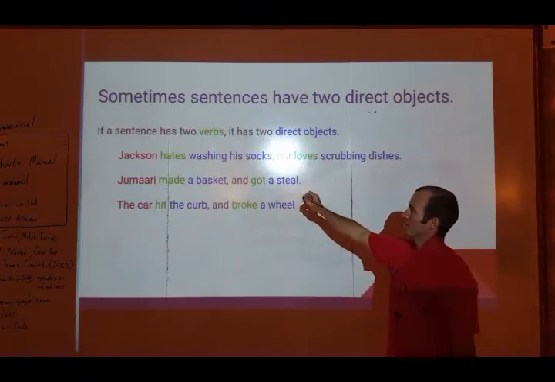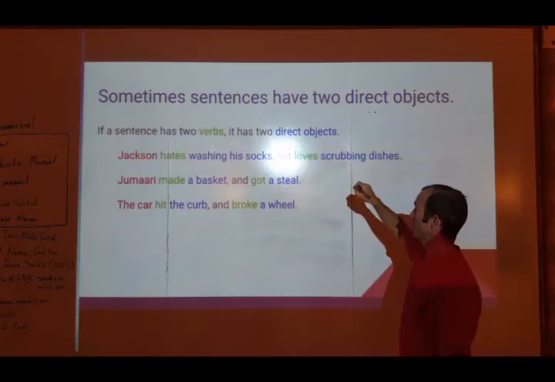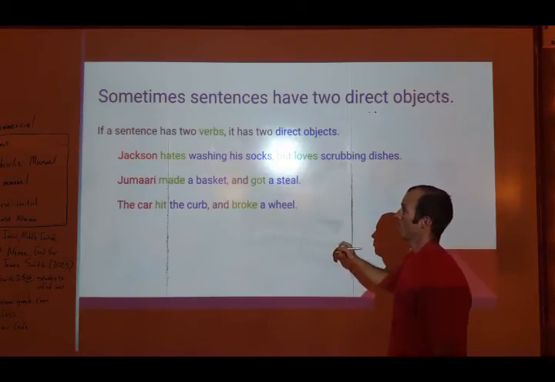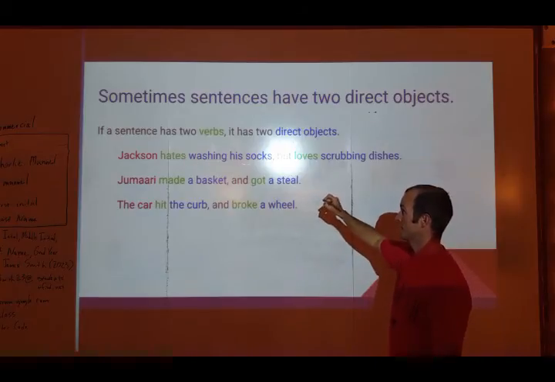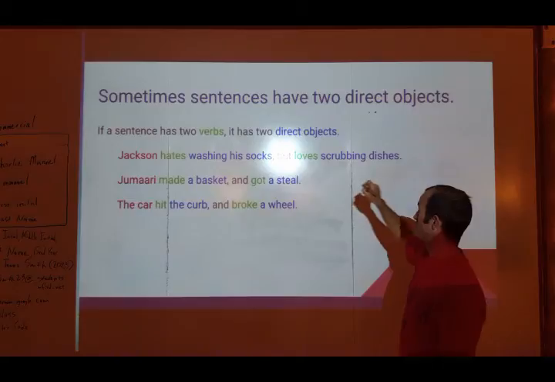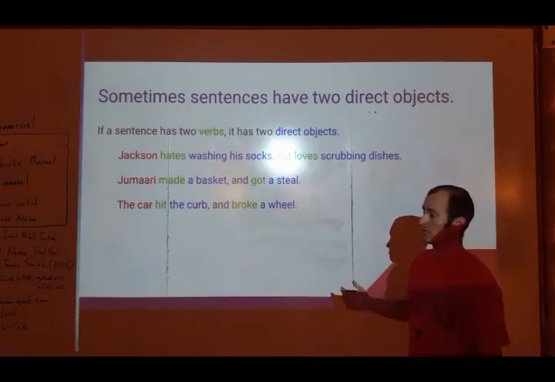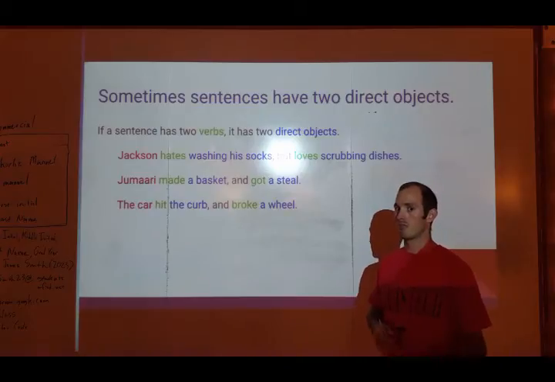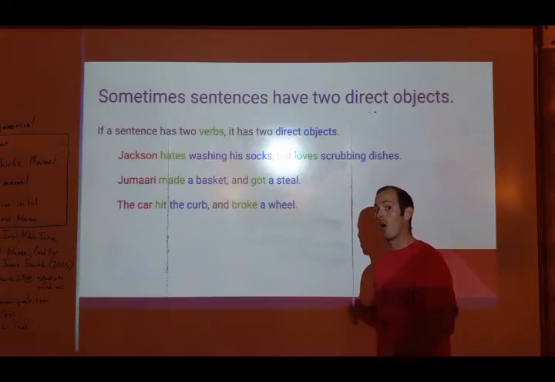In this case, hates and loves are our two verbs here. What is receiving the action of hates? Washing his socks. What is receiving the action of loves? Scrubbing dishes. So always read your entire sentence and make sure that you find all of your verbs and all of your direct objects.